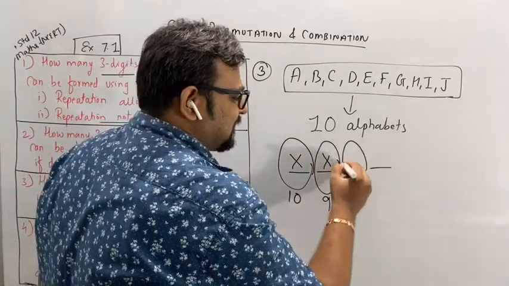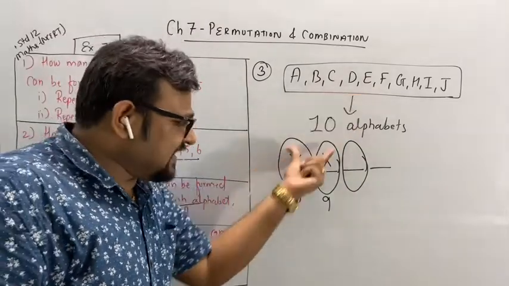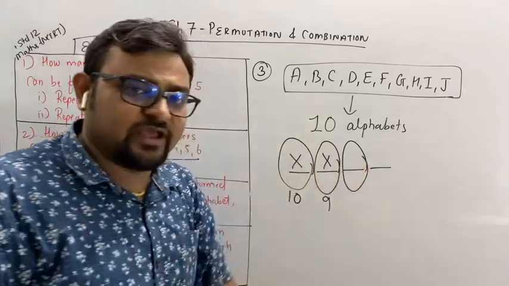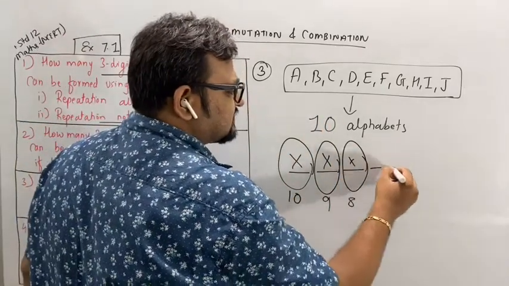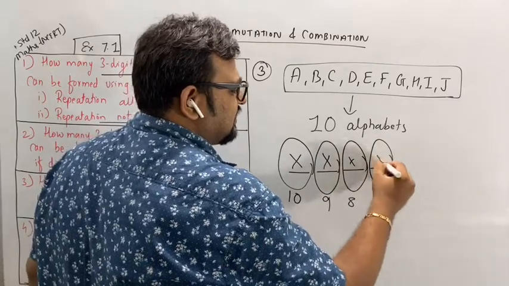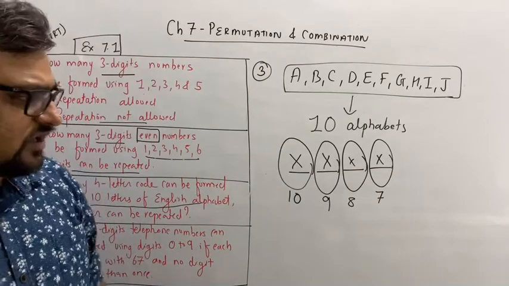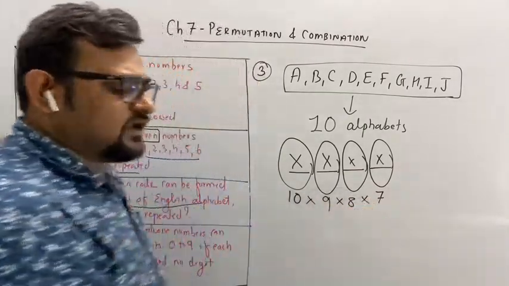Now for this place, I have selected two different alphabets which I cannot put here, so 10 minus 2, 8. And similarly here 10 minus 3, 7. So the total is 10 into 9 into 8 into 7.